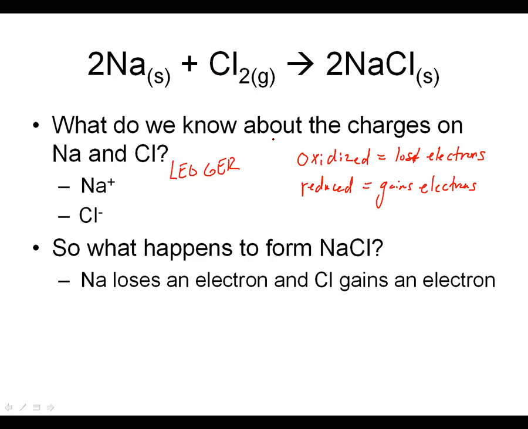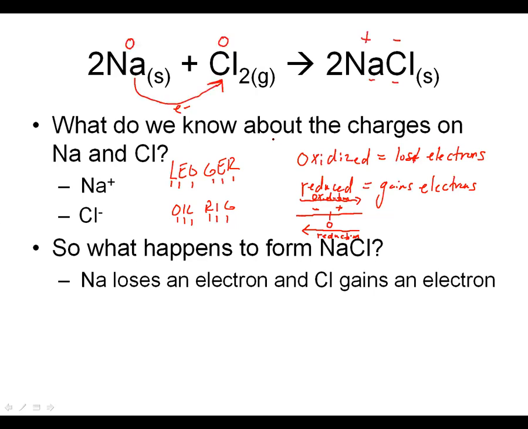A really good way sometimes to figure out what's being oxidized and what's being reduced is just a basic number line. There's a positive to that side, and there's a transfer of electrons to the chlorine, and then sodium becomes positively charged.